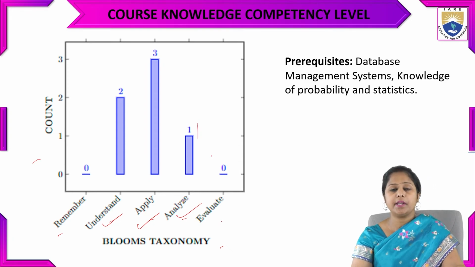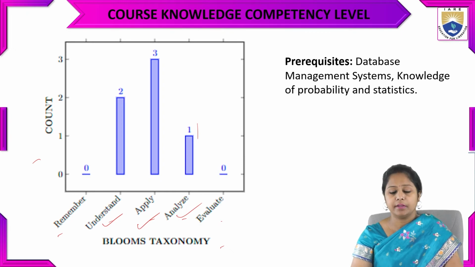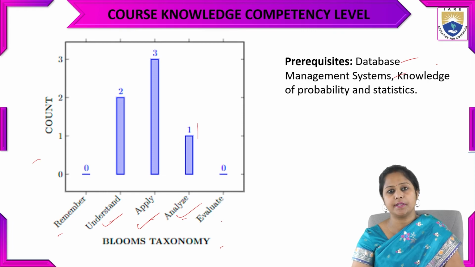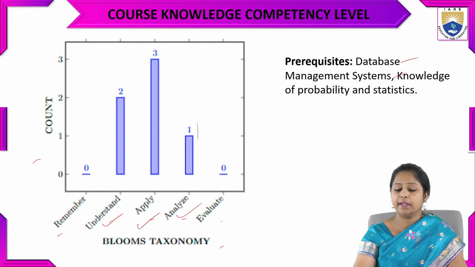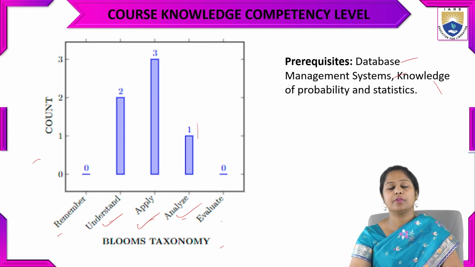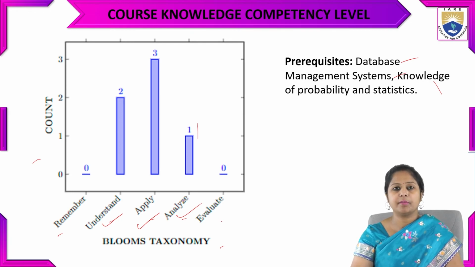So the prerequisite for this particular subject, data warehousing and data mining, is that the student has to learn about database management systems before taking this course, and should have knowledge of statistics and probability. Because if they understand these 2 subjects, then they will be able to understand what data warehousing is, and what the different data warehousing management systems are.